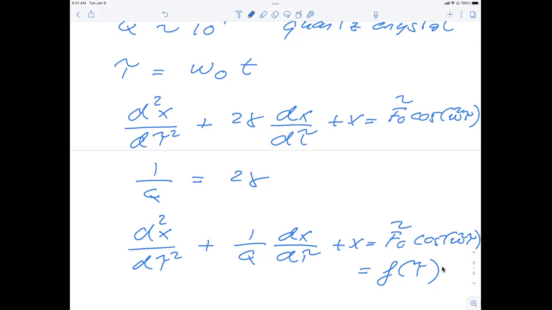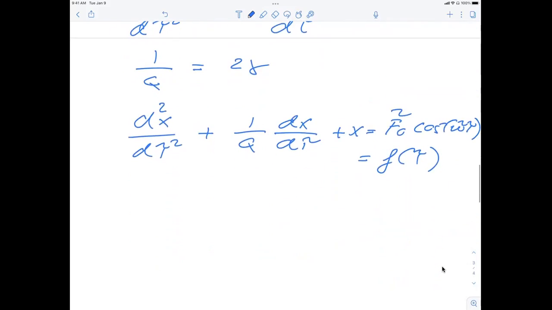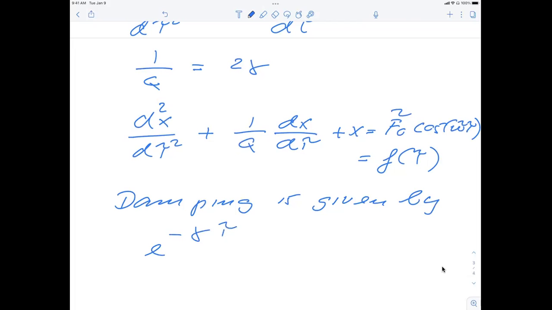Now, the reason why this is an interesting quantity is that the damping of a solution is given by, and you may remember this, the term e to the minus gamma times tau.